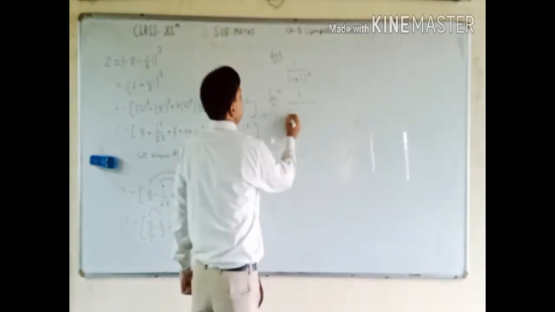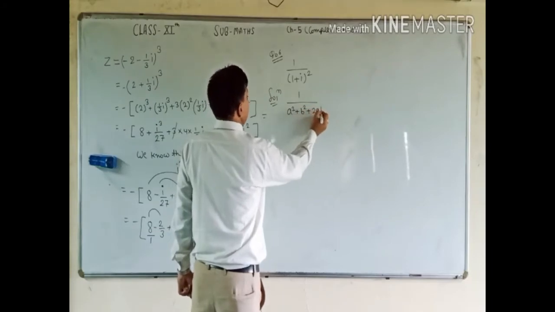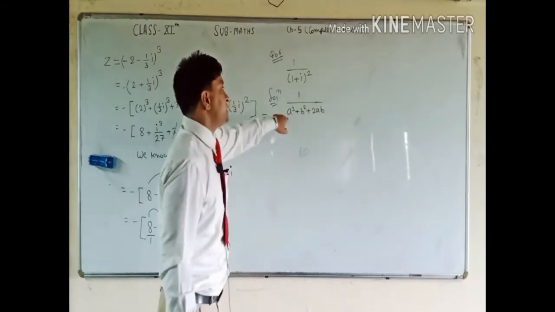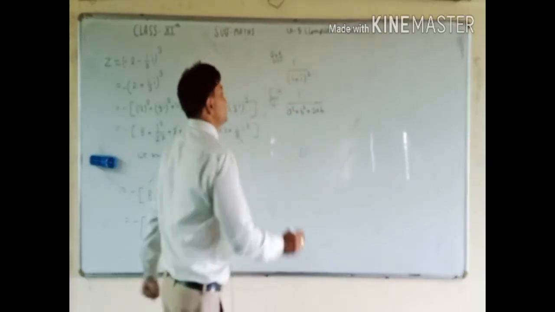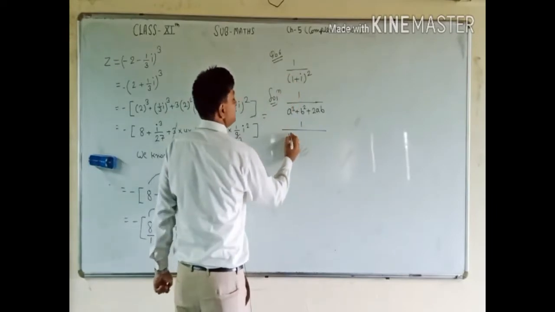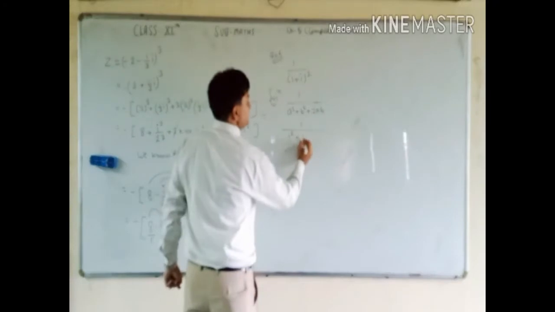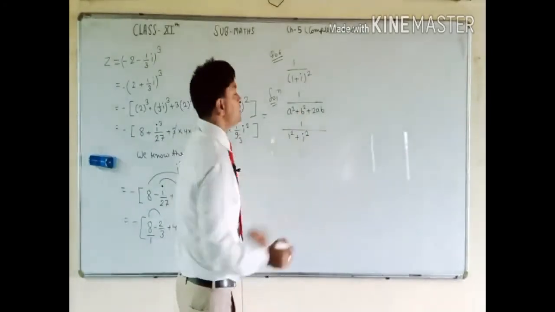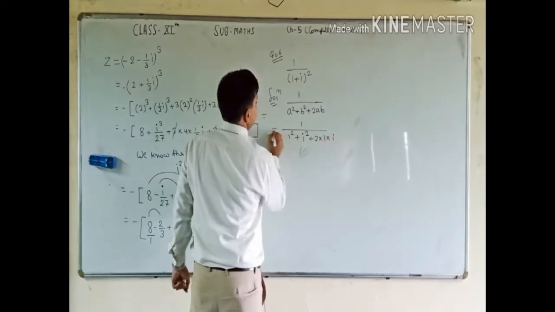We know that this is a square plus b square plus 2ab, where a is equal to 1 and b is equal to iota. So this is a square, a is 1. This is b square, b is iota. This is 2ab, so 2ab is 2 into 1 into iota.